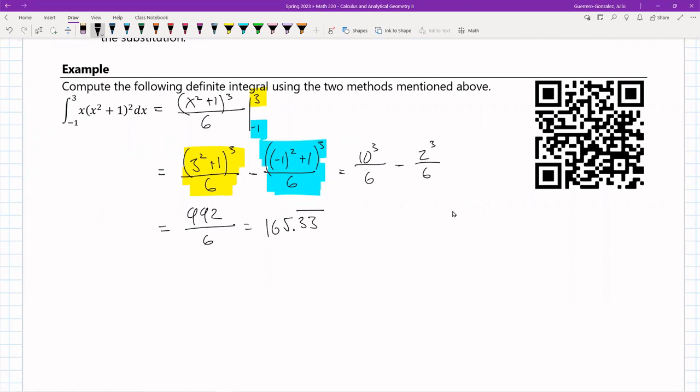As before, I provide you guys a Desmos calculator that solves definite integrals so long as you give it everything. So let me show you guys the math there. If you have your phone free, grab your phone, scan that QR code, and it should pop this up for you.